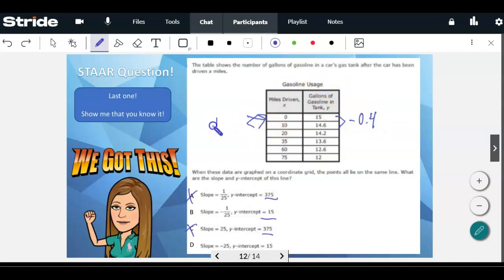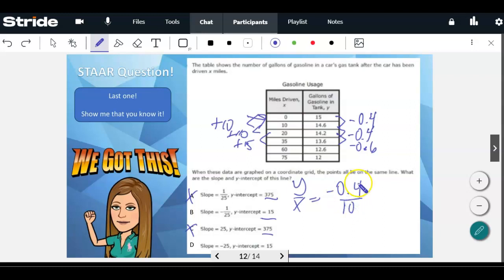This is plus 10. And it looks like the numbers they've given us, the next one goes up by 15, but it's still going to be the same value because this one goes down by 0.6. So you would still do your y over x, and we're going to have negative 0.4 over 10.